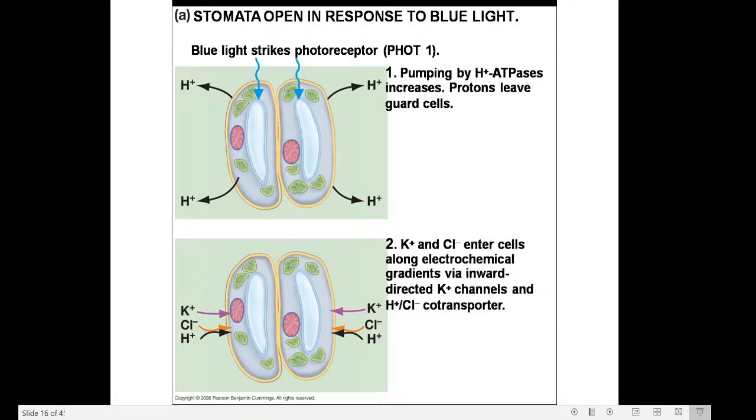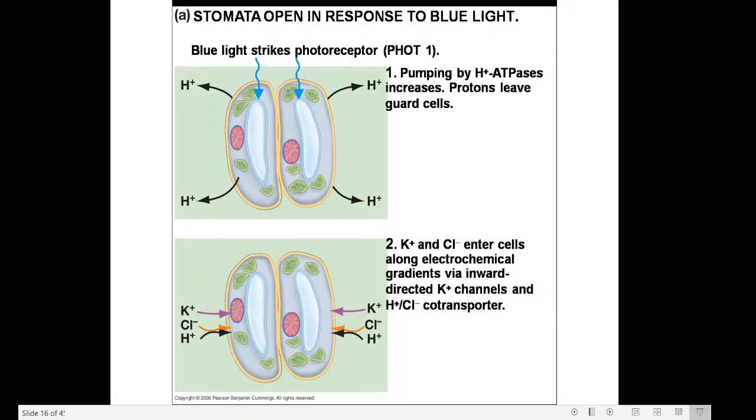It's released from the guard cells. A large number of H plus being released is the closing.